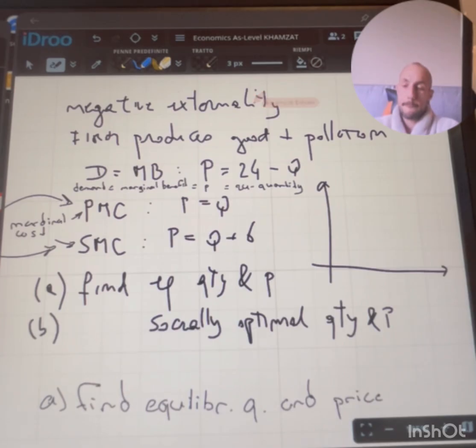Higher marginal cost. Okay, so the first one is find equilibrium quantity and price. So we know that price is equal to 24 minus Q. It says price is equal to Q. That's the private marginal cost.